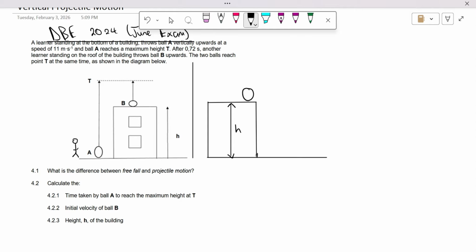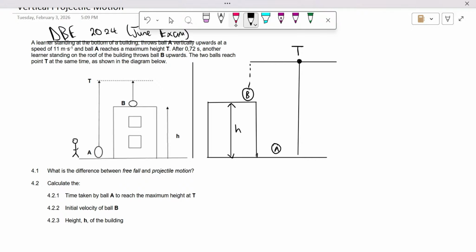So I have the ball B and I have the ball A. So they say ball B is thrown vertically upwards, and then I have a height here. That height is going to be the height T, right? So that's the height at that point there. Cool. And then I think that's just about everything, right?